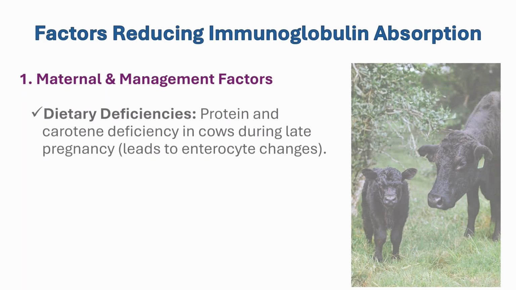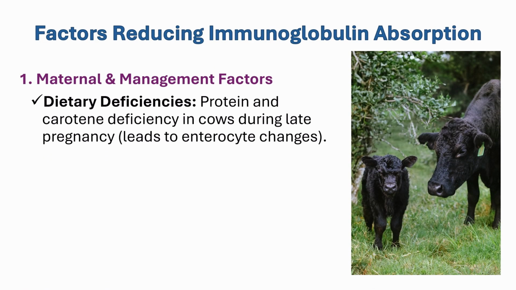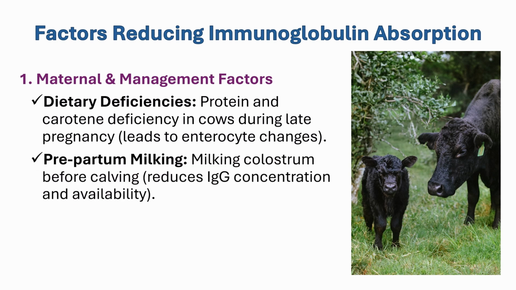Efficiency of passive immunity depends largely on maternal management. First, dietary deficiencies. A lack of protein and keratin in late pregnancy impairs the development of fetal enterocytes, reducing their ability to absorb antibodies later. Second, prepartum milking.